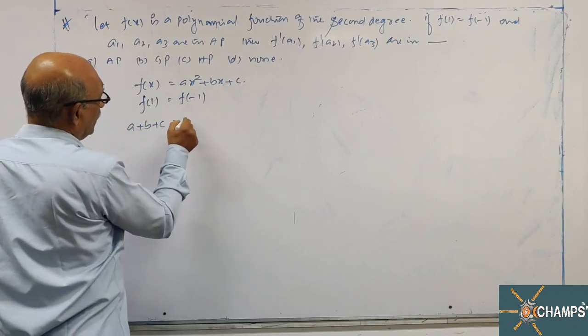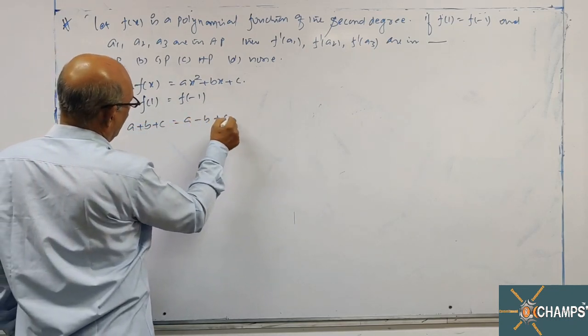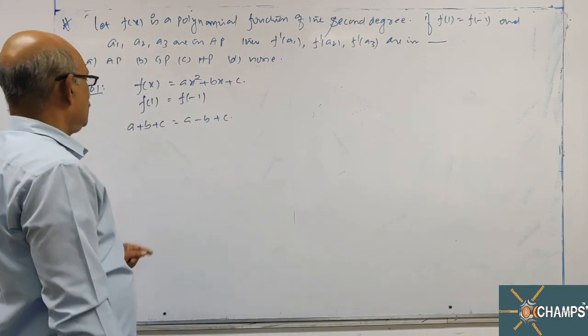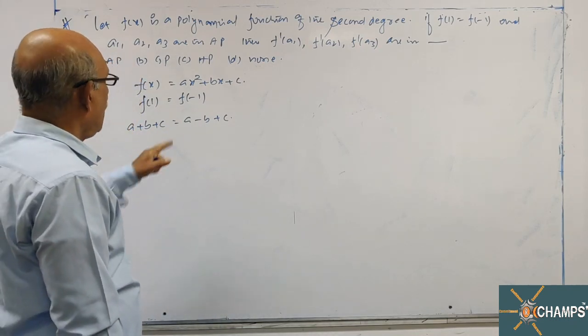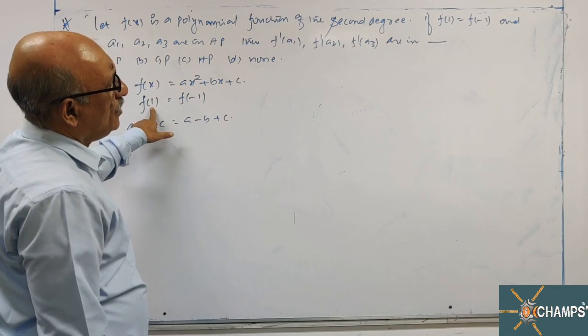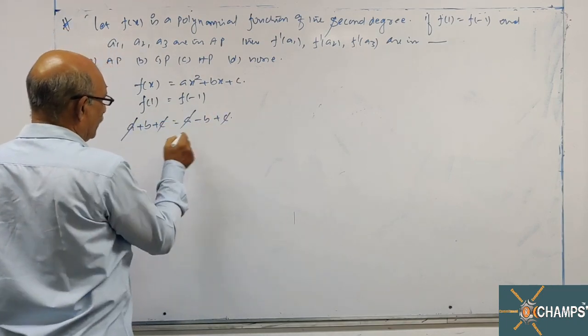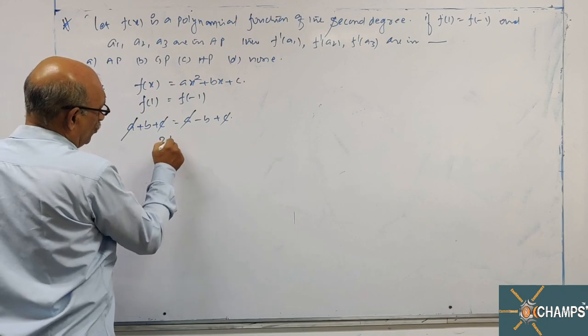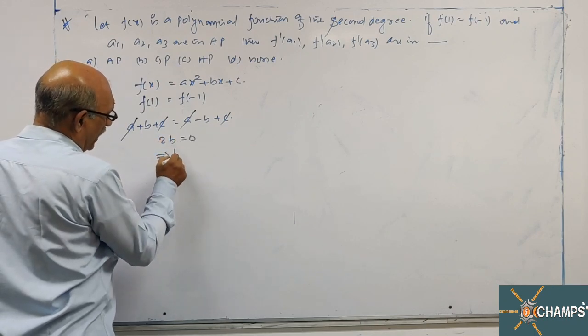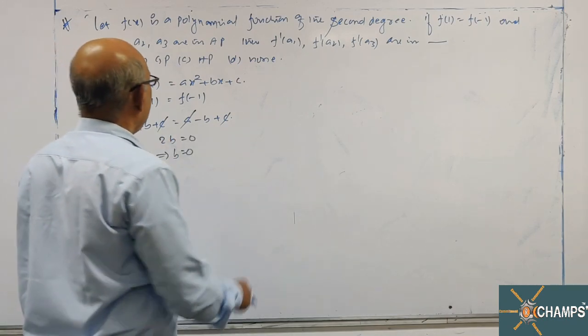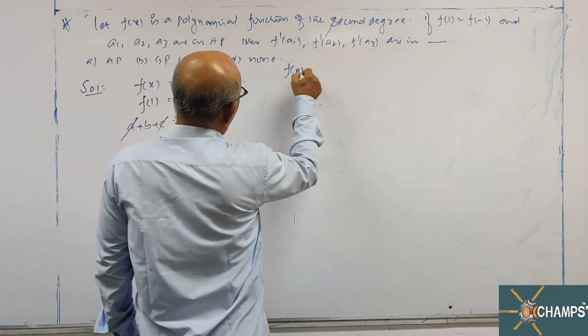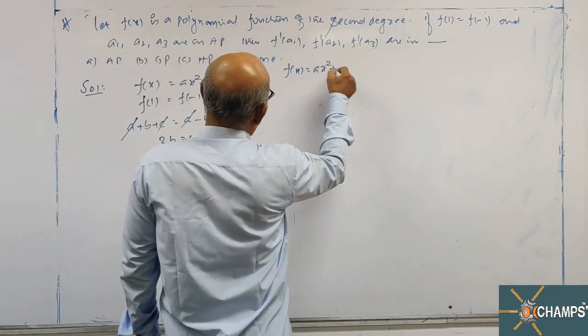So a plus b plus c is equal to a minus b plus c. Using the condition given, a minus a and c minus c cancel. So 2b is equal to 0, which implies b is equal to 0. Therefore f of x is equal to ax square plus c.